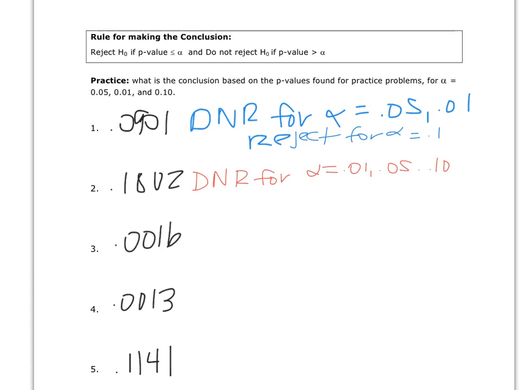All right, 0.0016. Well, that is less than all 3, 0.01, 0.05, and 0.1, so we will reject the null hypothesis in that case for all 3 significance levels. Same exact thing for 0.0013.